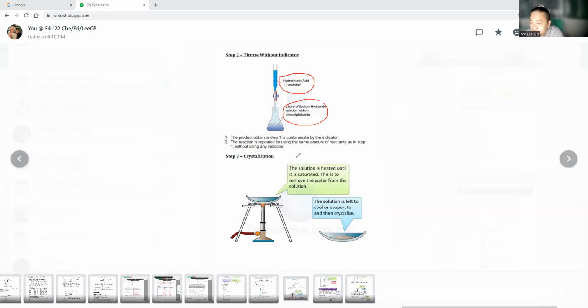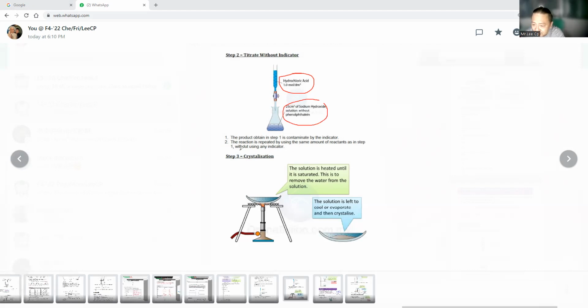The reaction is repeated using the same amount of reactant as in step 1 but without any indicator. So you keep on titrating without using any indicator. Without phenolphthalein, it is kind of hard unless you do the calculation. With the phenolphthalein, it will be easier.